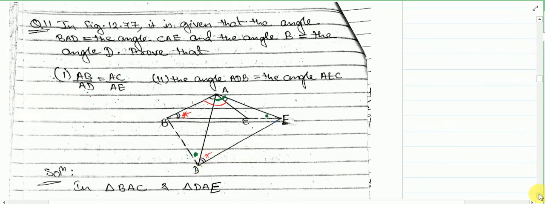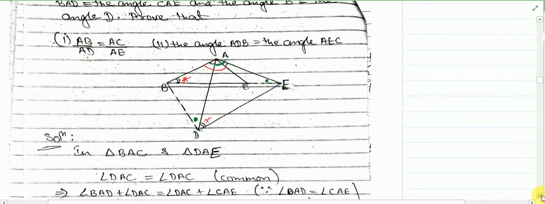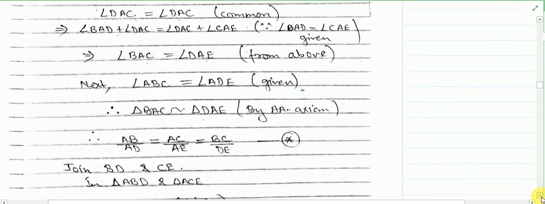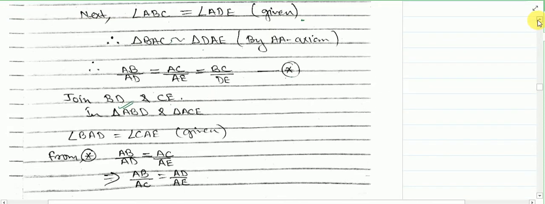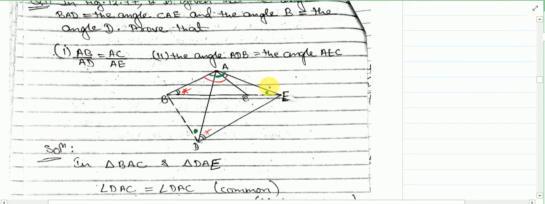So see now, join BD and also join CD. Sorry, join CE.